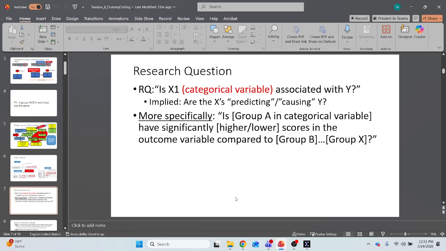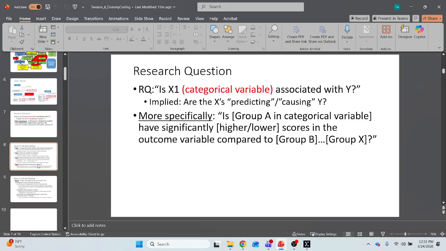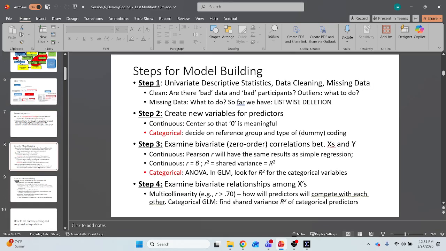All right, since we're doing GLM, there are the steps. If you remember, 1 is univariate descriptive statistics. Check your missingness, clean it, right? Next is step 2. Before, when we had a continuous predictor, we would think about, do I need to center, right? Is my 0 meaningful? Would it make sense if I center?